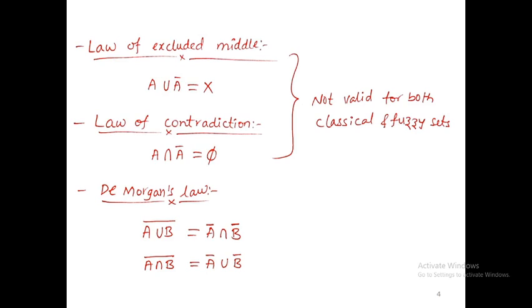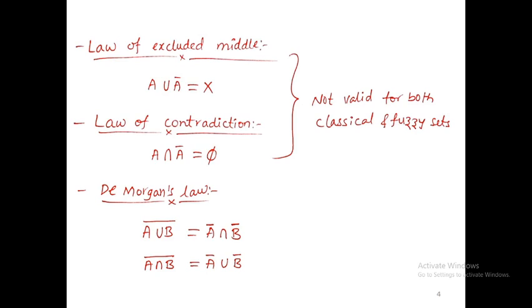So this law of excluded middle property and law of contradiction property are not valid for fuzzy sets, though they are valid for classical or crisp sets. We'll see this with examples also in the coming sessions.